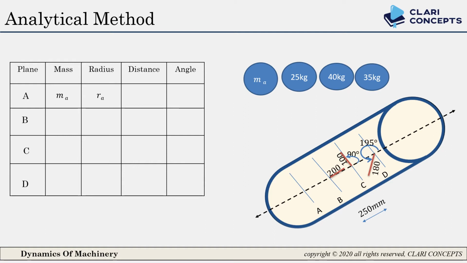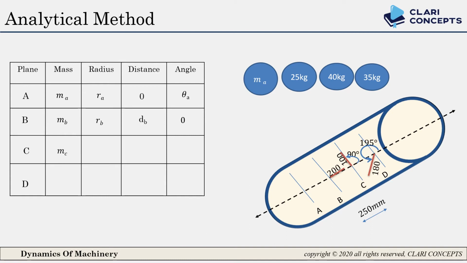25 kg. Mass A is placed with radius Ra and the distance will be 0 because we are taking plane A as the reference plane, and the angle is theta A. Mass B is MB, placed with radius RB, and the distance is dB, the distance between plane A and plane B, and the angle is 0.